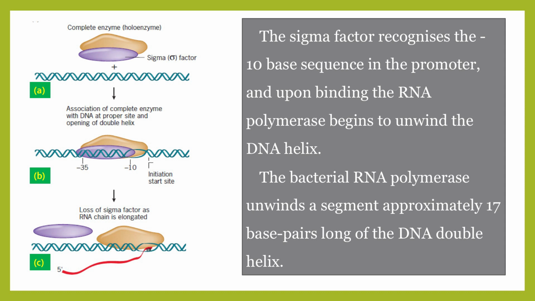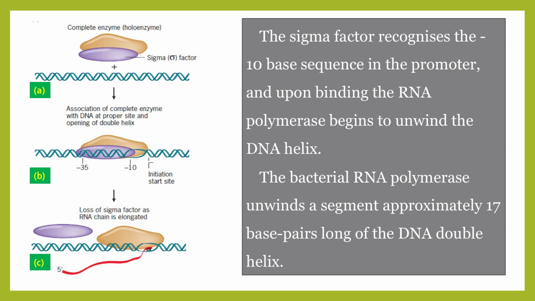Once recognition, unwinding and initiation are over, the sigma factor dissociates, because it is loosely bound to the core enzyme. In step A you see how it associates, then initiation takes place from the +1 site, then the sigma factor goes away and elongation starts. There is a temporary local unwinding of the DNA.